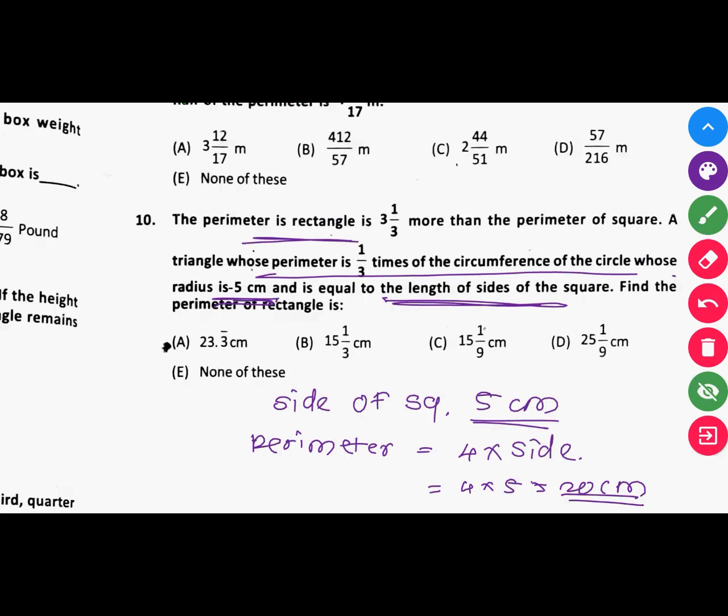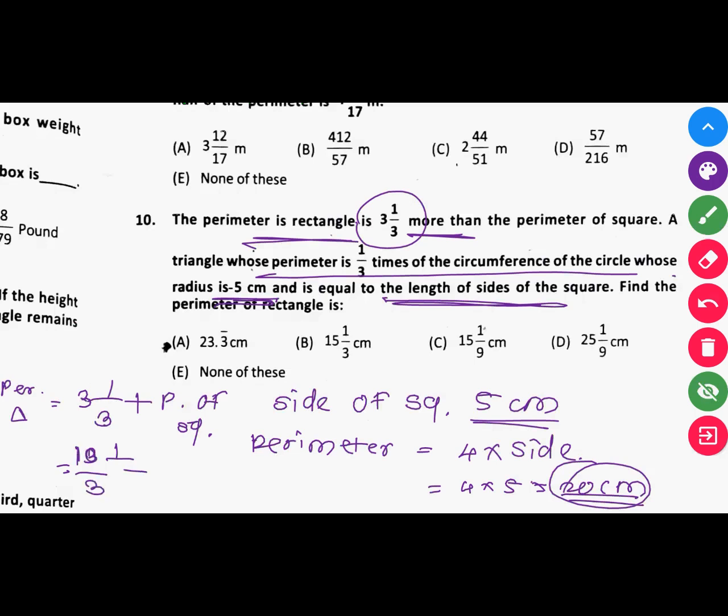Now the rectangle's perimeter is just 3 upon 1 by 3 more than the perimeter of the square. That means the perimeter of the rectangle is equal to 3 upon 1 by 3 plus the perimeter of the square. And we just got the perimeter of the square, which is 20 centimeter. So the perimeter of the rectangle is equal to 3 into 1 upon 3, which means what? 3 3s are 9 plus 1, 10 by 3, plus 20.